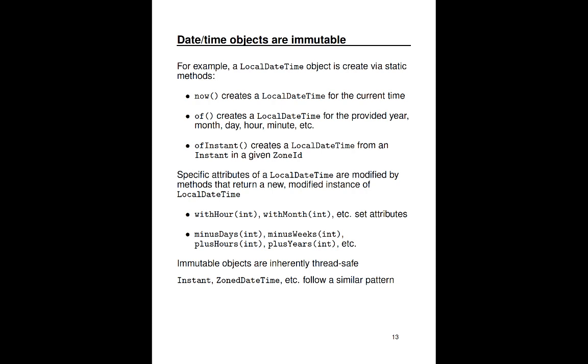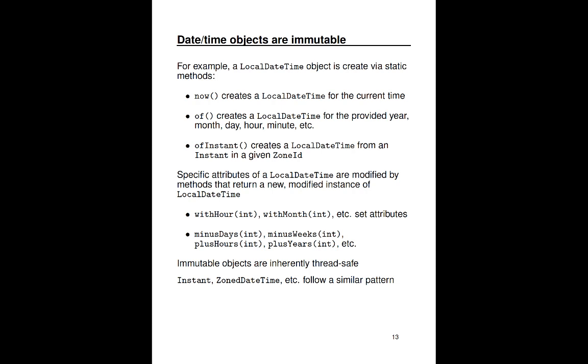In the java.time APIs, you find yourselves working with static methods a lot more than you do invoking constructors. So for instance, if you want to get a LocalDateTime that represents the current time, you invoke the now method, which is a static method of LocalDateTime. Similarly, there is an of method that will return a new LocalDateTime instance associated with the year, month, day, hour, etc. that you provide to the of method.